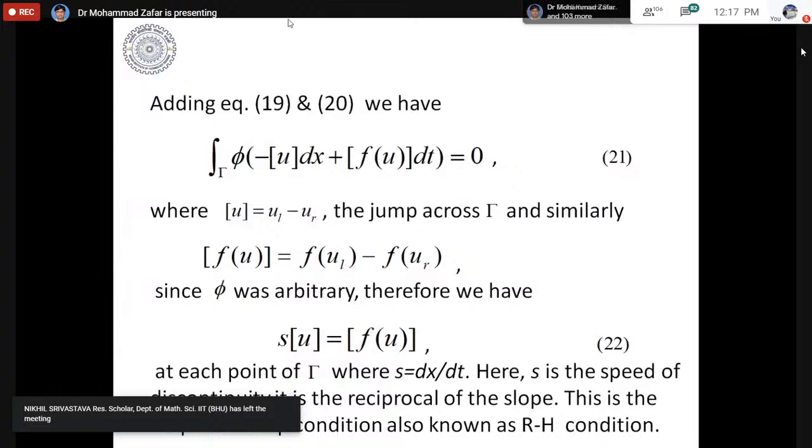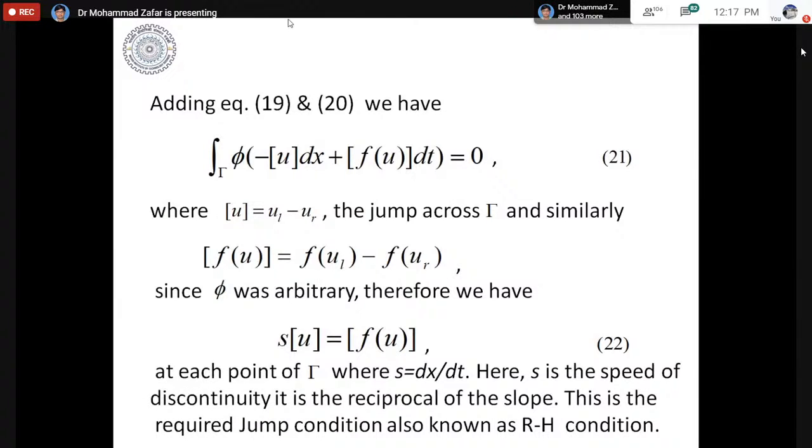Now we simply add the last two equations, 19 and 20. Both go from Q1 to Q2, along the curve gamma. So the line integral along gamma of this integrand becomes φ times (minus the jump in u dx plus the jump in f(u) dt) equal to 0, where the jump in u is u_L minus u_R, the jump across gamma.